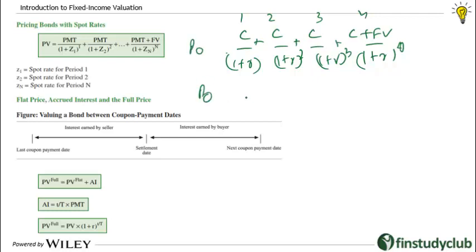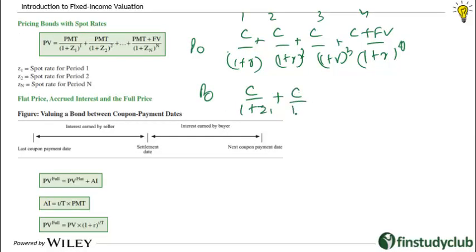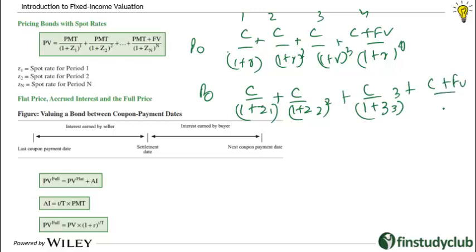Well, I can as well get the price of the bond by discounting not with the YTM, but with the spot rates. So C by 1 plus Z1, plus C by (1 plus Z2) squared, and so on, where Z1, Z2 are all spot rates. I hope all of you understand what spot rates are. Your spot rates are essentially the YTM for zero coupon bonds.